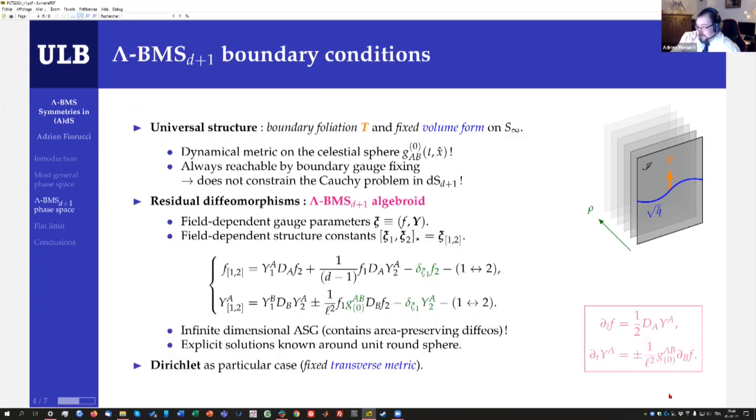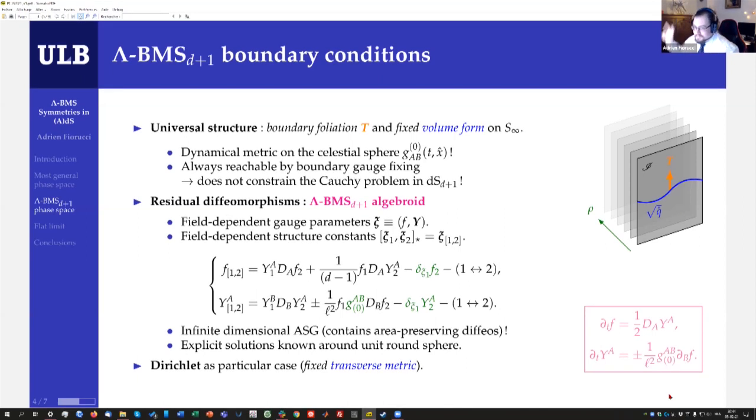So how to get Lambda-BMS? I have to speak about it now. You have to find an intermediate equivalent of BMS in AdS or dS. So you simply, and I say simply with quotation marks, impose some boundary conditions that reproduce the universal structure you need for generalized BMS in flat spacetimes.